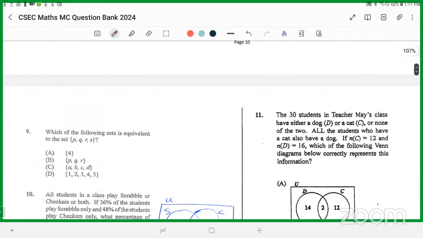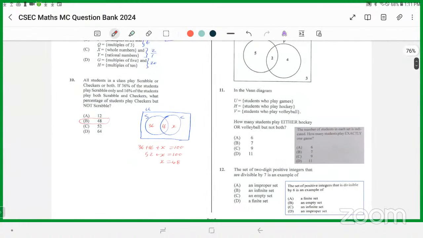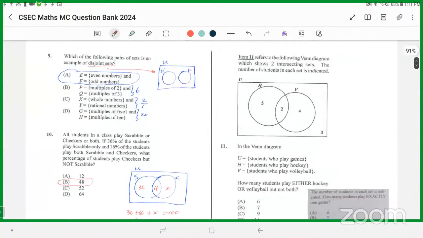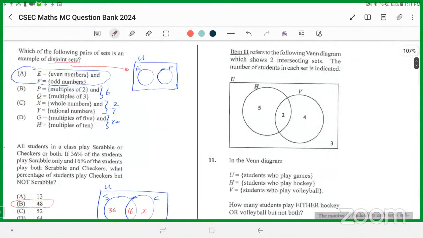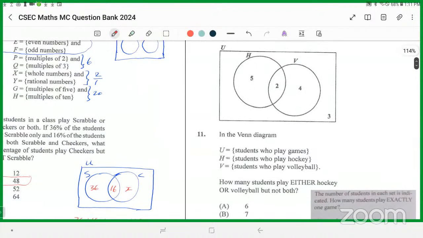Let me go back up here. All right, over here now, another repeat question. Item 11 refers to the Venn diagram showing two intersecting sets. The number of students in each set is indicated. In the Venn diagram, U are those who play games, H is for those who play hockey, V are the students who play volleyball.